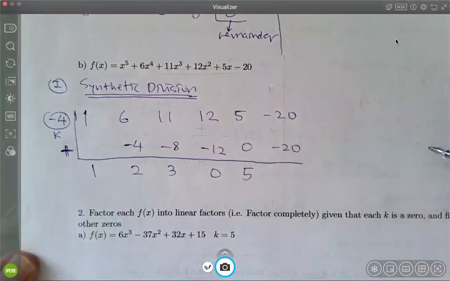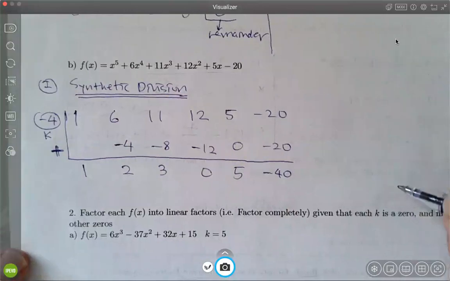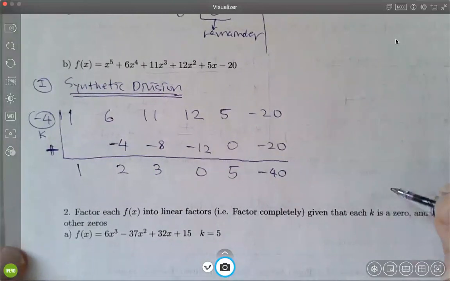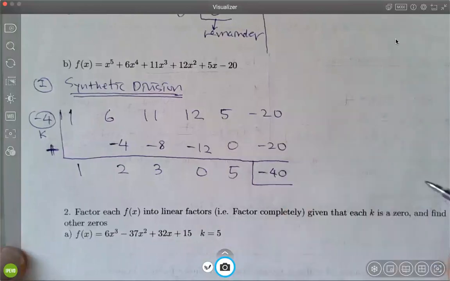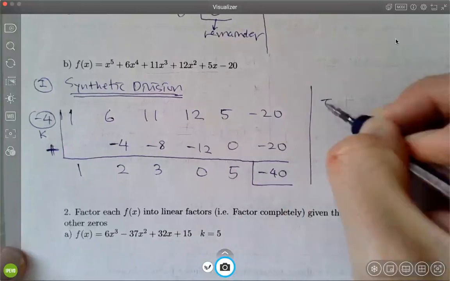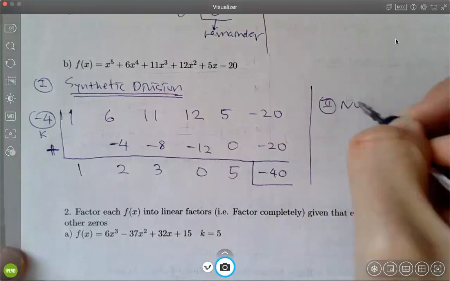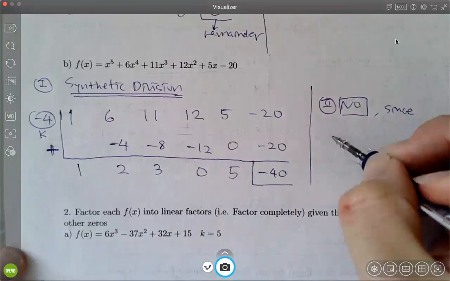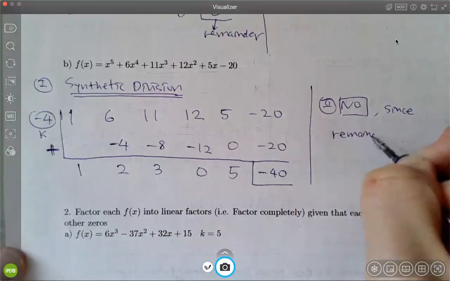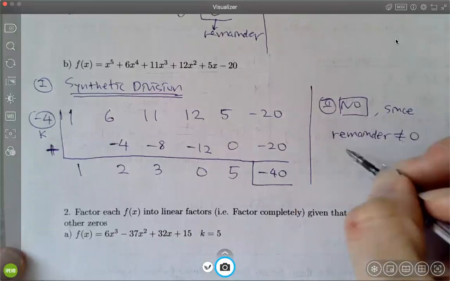It's -40. In this case, which number are we looking at? That number. So what do we conclude? x plus 4 is not a factor because the remainder is not a 0.